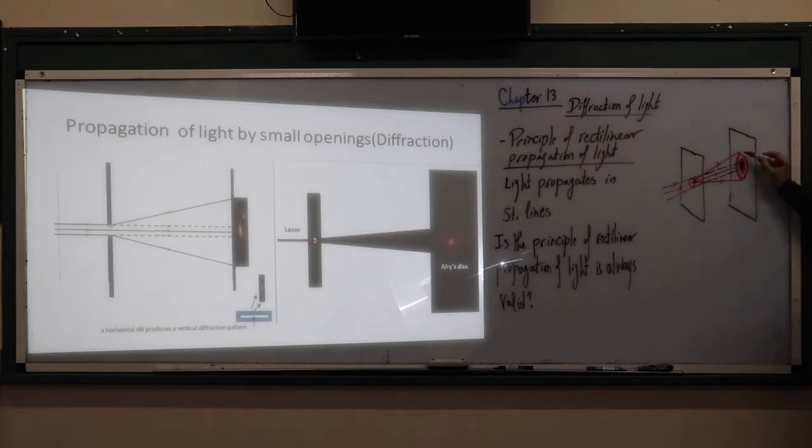So you obtain an illuminated region around the spot that you have expected to get.